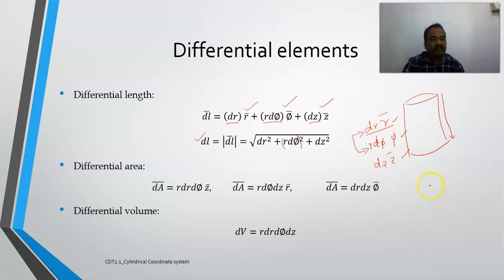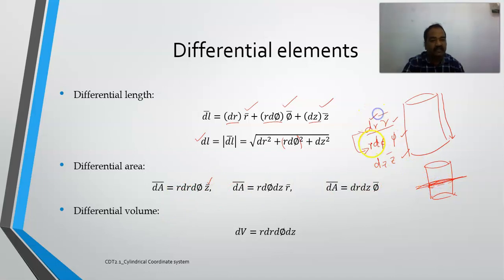If I take a constant z, what I call a height, then the surface will be in the form of a circle. It has two dimensions which can vary: one is radius, the other is angle.